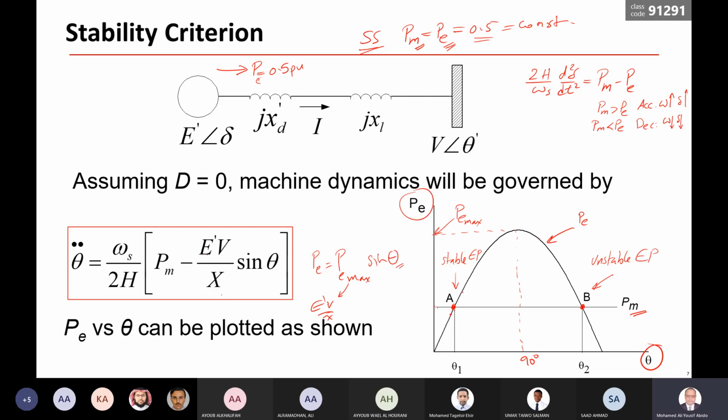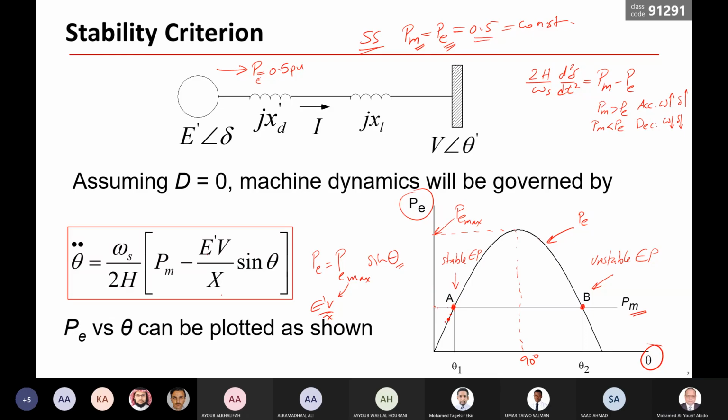Of course, P electrical is one point of the curve. If P electrical goes below at this point, what will happen? P electrical becomes lower than P mechanical.